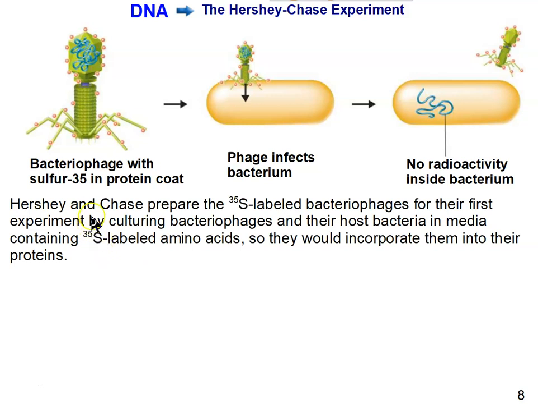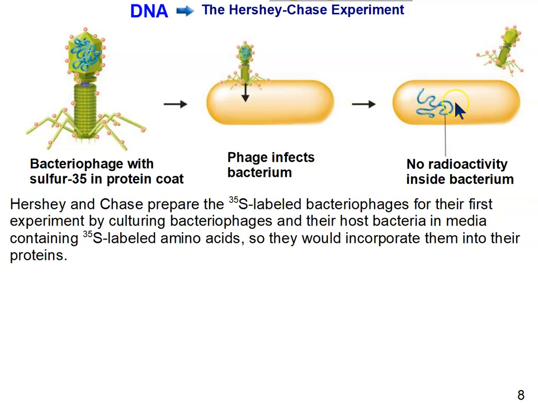In the first experiment, they used S35, which is sulfur 35, and there is no sulfur in DNA. There is sulfur in protein. So it turned out that the protein was the only thing that was tagged with this radioactive sulfur 35 isotope. Then they allowed the virus to infect the cell, and then they shook the viruses off and checked to see if there was any radioactivity inside the cell.